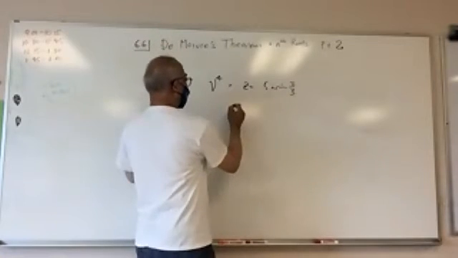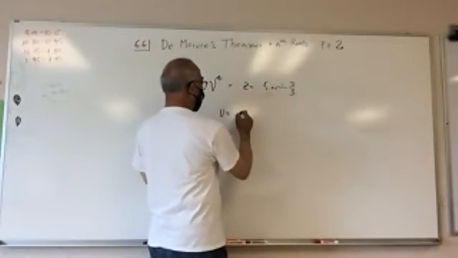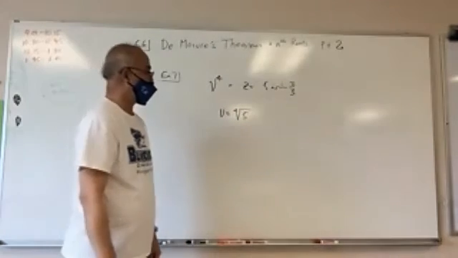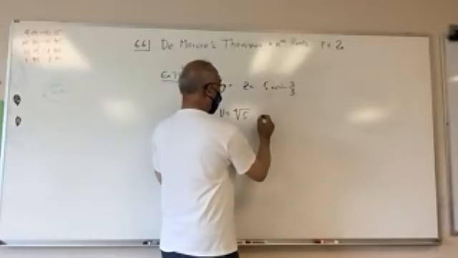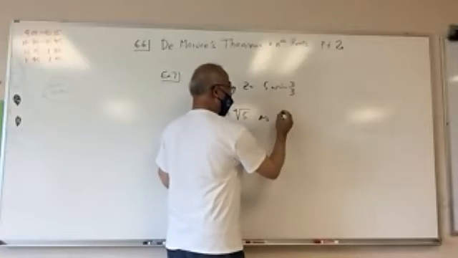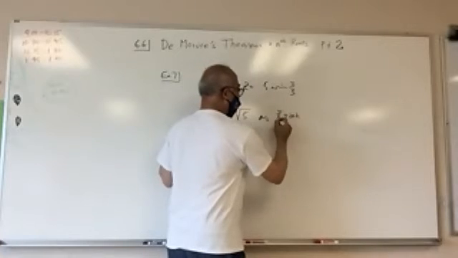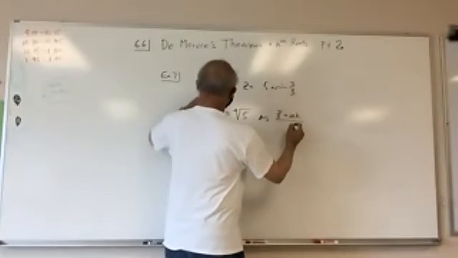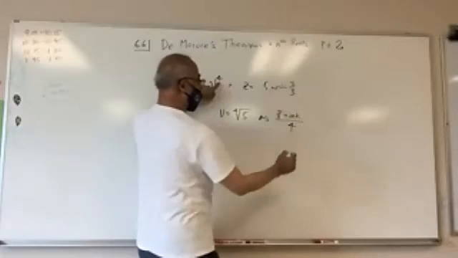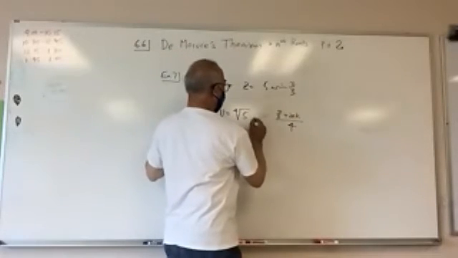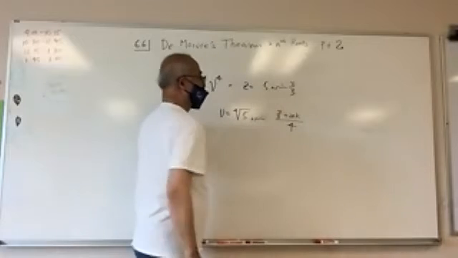So v is going to be equal to the 4th root of 5, right? Then I'm going to have cosine of pi over 3 plus 2 pi k over 4, plus i sine. Okay.